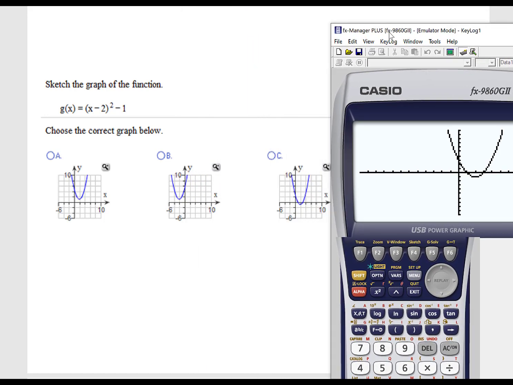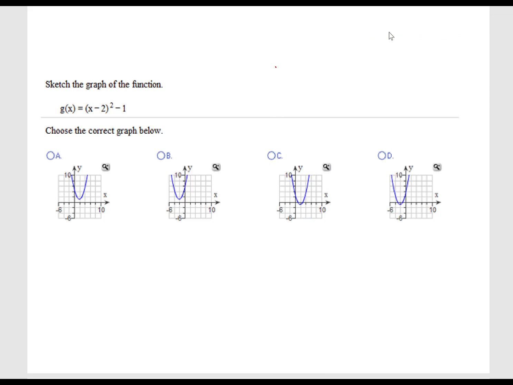So notice, let's talk about this really quick, that I moved down 1 and right 2. That says right. Okay, right 2 units. So the fact that these ones moved up, I can get rid of them.